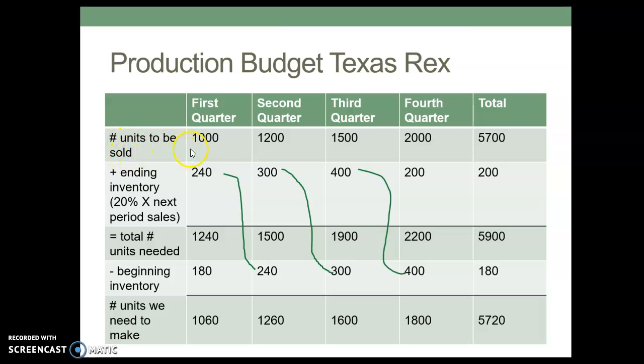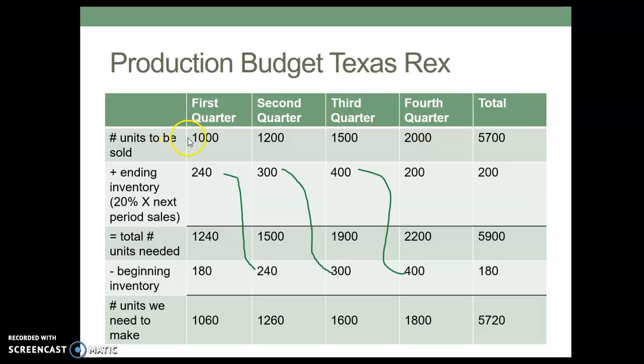This came from the sales budget, the 1,000 and the 1,200, etc. Then we add the ending inventory that we want to have, which is 20% times next period sales. So the 1,200 times 20% gives us the 240. 1,500 times 20% gives us the 300. 2,000 times 20% gives us 400. And we'd have to know the first quarter of next year times 20% to get this 200 number.